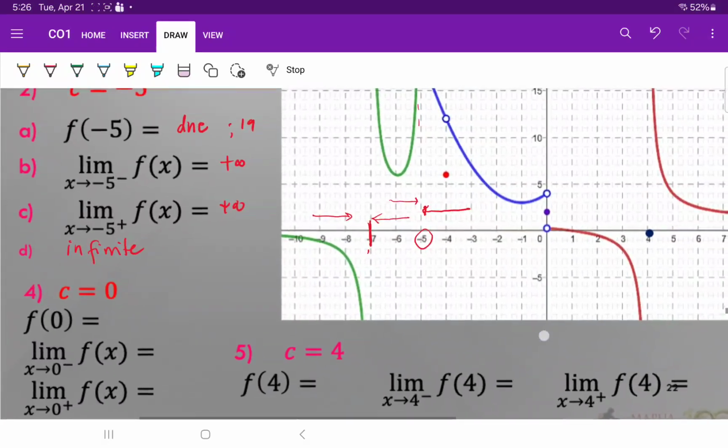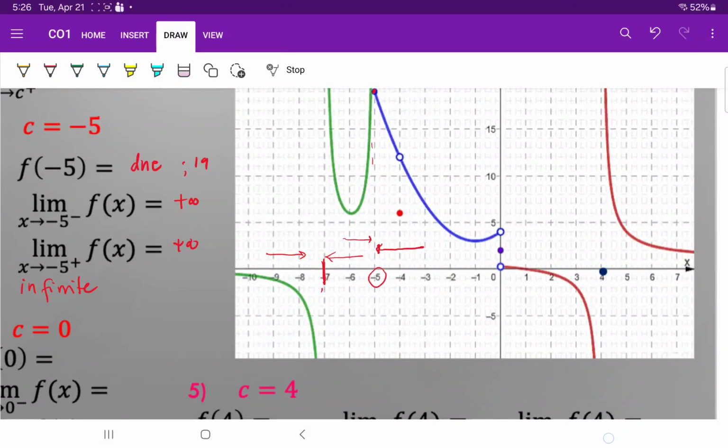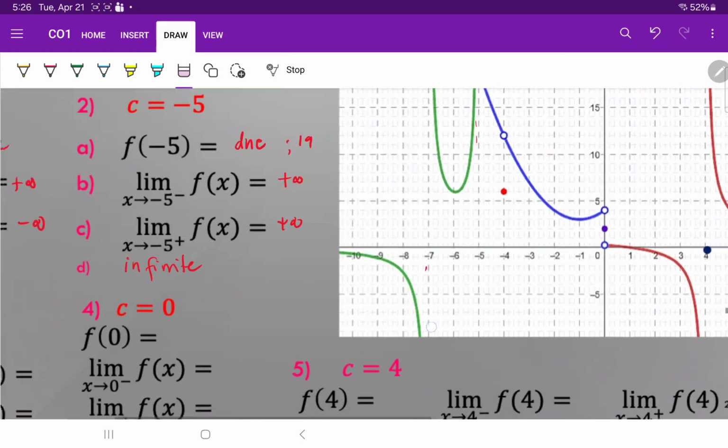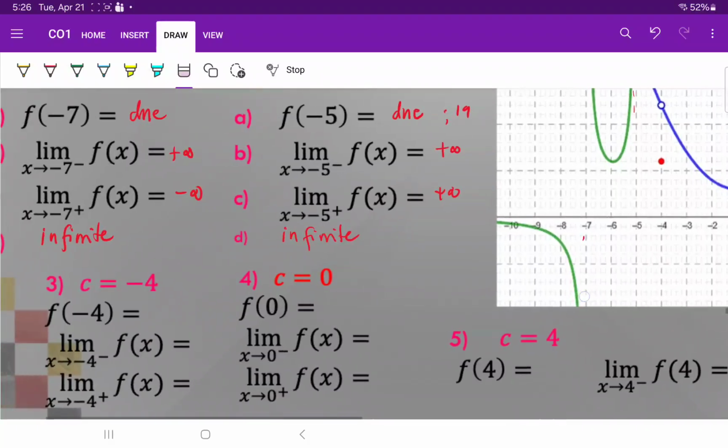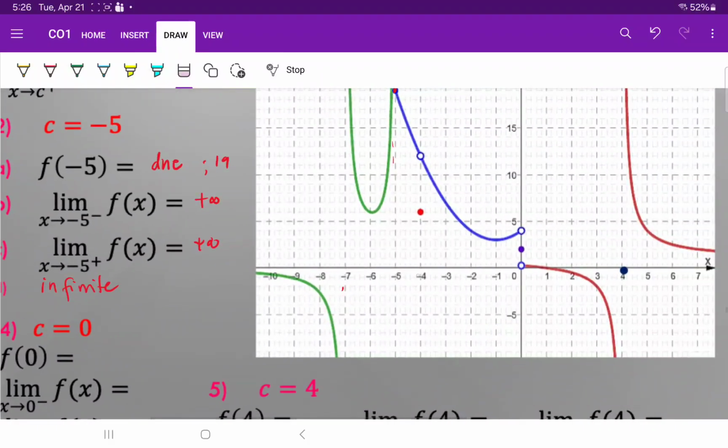Now, the next is at c equals negative 4. When c is negative 4, where is the negative 4? Let's remove this because it's getting messy. Hold on, sorry. Okay. At c equals negative 4, this is x equals negative 4, right? This one here. What's the value of your y?